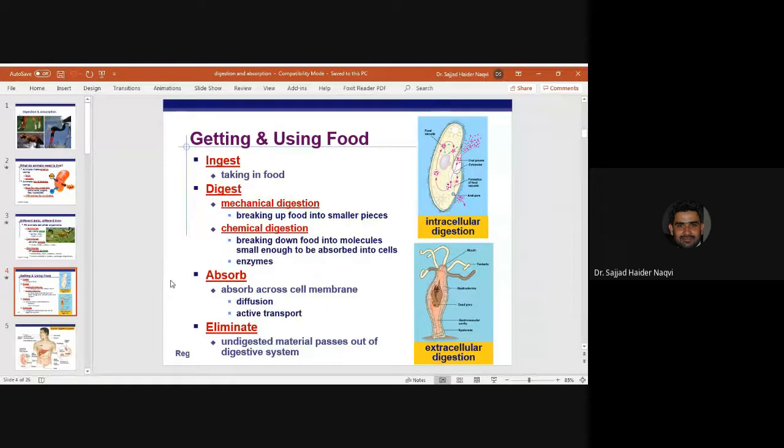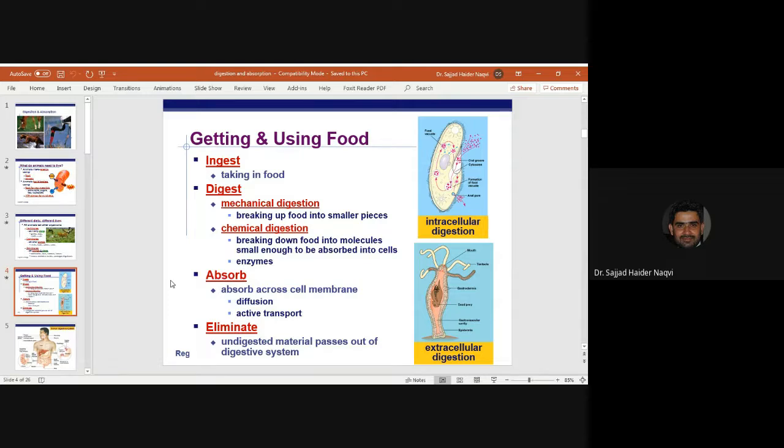Now, the digestion is actually being defined as the breakdown of the large, complex molecules into simpler, smaller particles. And this digestion could be of two types: mechanical digestion and chemical digestion. The mechanical digestion is simply the breakdown of the complex, large, big molecules into smaller particles, smaller pieces.